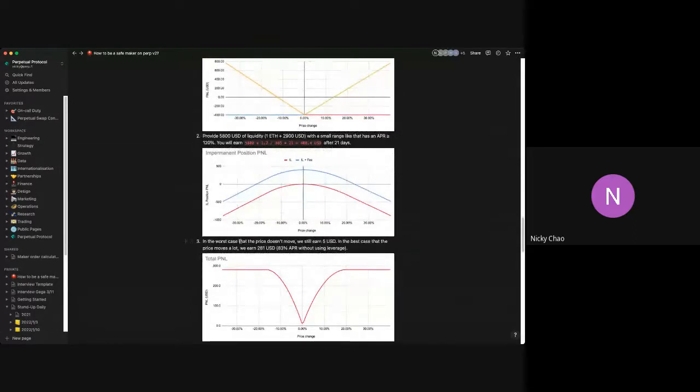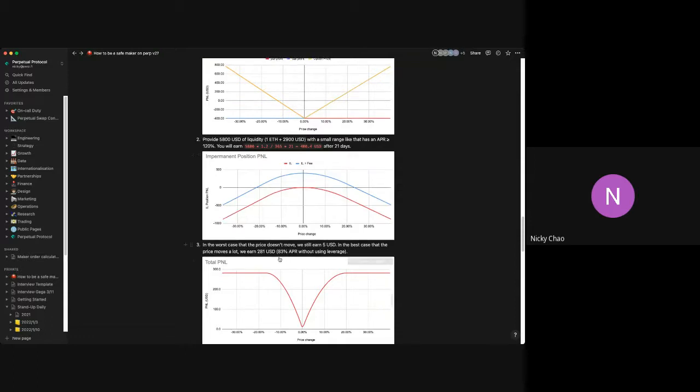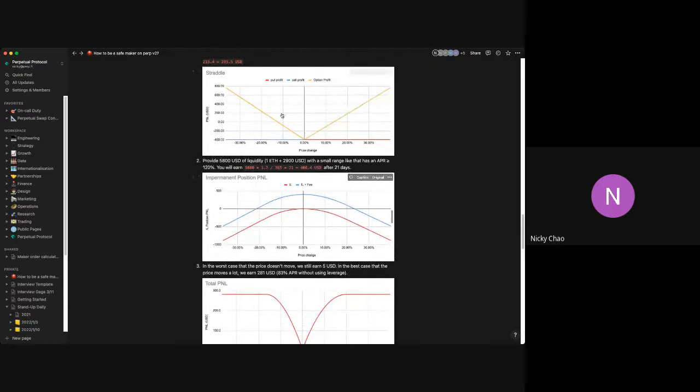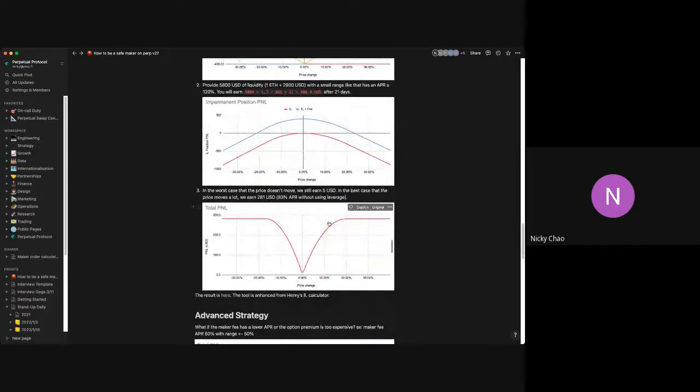If we want to see the whole profit line, we can just add the blue line. The blue line is basically the impermanent loss line, which is the red line here, plus the maker fee we will earn, so it is higher. To know how much profit we can make, we add the blue line and the yellow line here. So the chart looks like this.